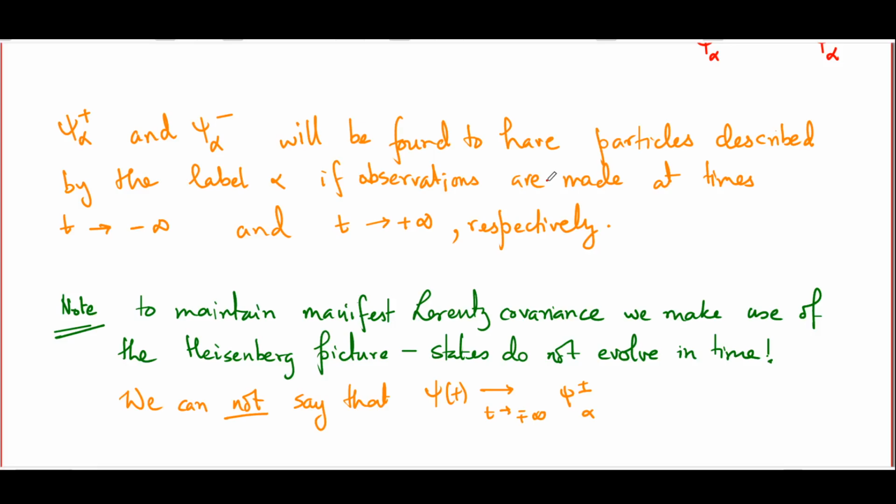Because we are using the Heisenberg picture, this simple description is not really readily available to us. There is a way out, however, and that uses the fact that different observers observe the same system using different but equivalent vectors.